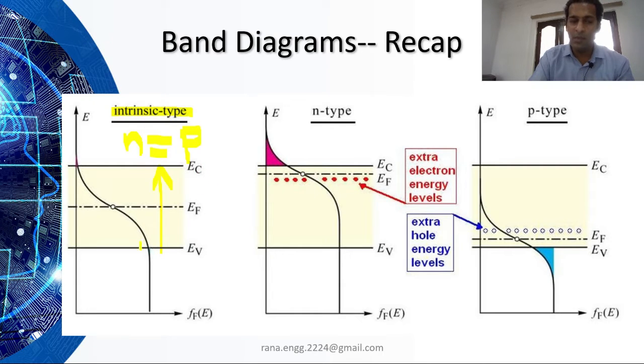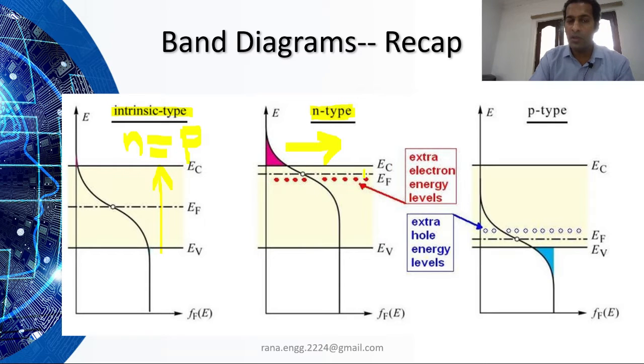For intrinsic type, number of electrons and holes are same. So these energies will lie as they are, and the Fermi energy, the intermediate energy, will be at the center. Similarly, if we talk about N-type, in N-type the majority are electrons. If majority are electrons, there is a lot of movement of electrons.